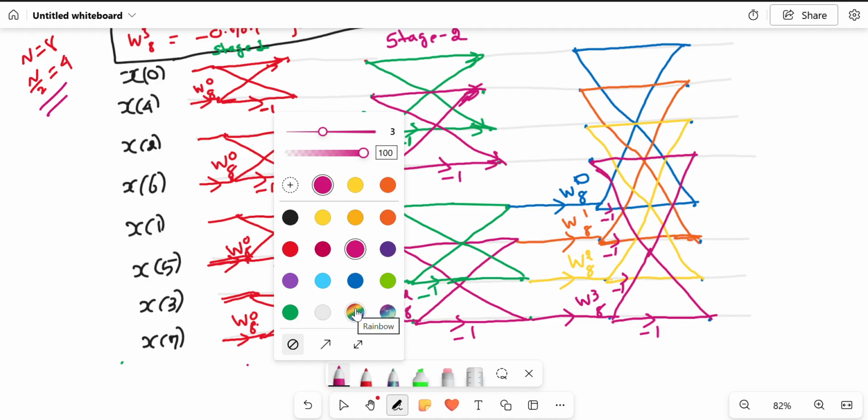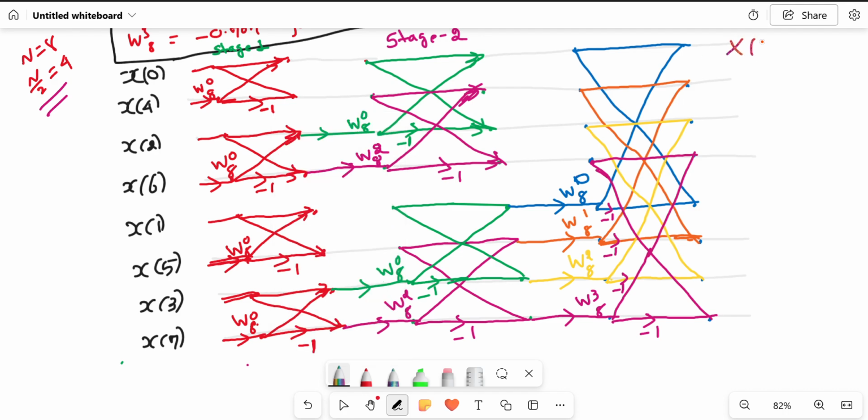Rainbow color. How it will be? X of 0, X of 1, X of 2, X of 3, X of 4, X of 5, X of 6, X of 7.